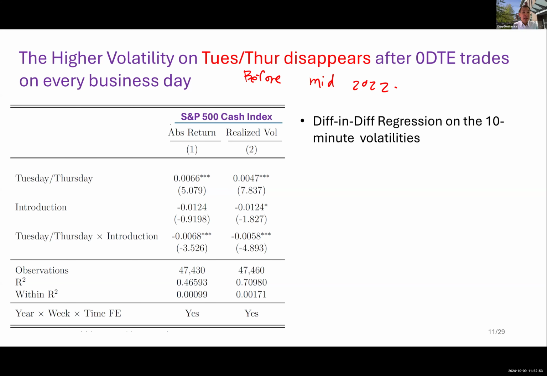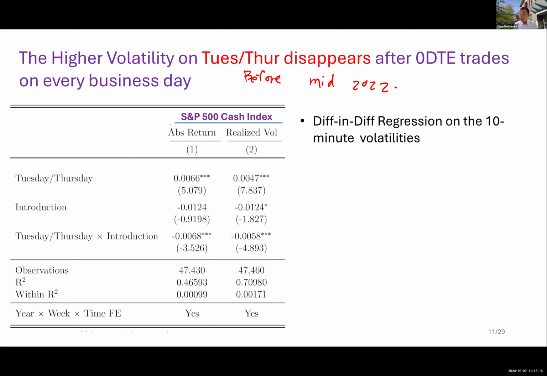So the primary instrument that market makers or investors use to hedge this product is E-mini futures. And that's why when we show all our results, we repeat everything using the cash index as well as the E-mini futures. And the results hold, almost identical.